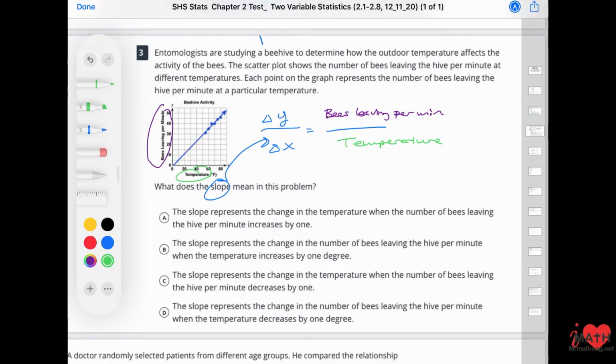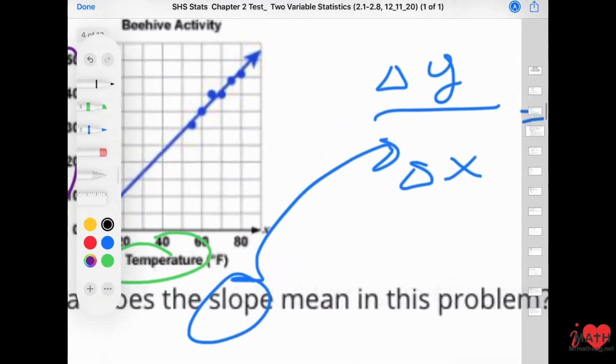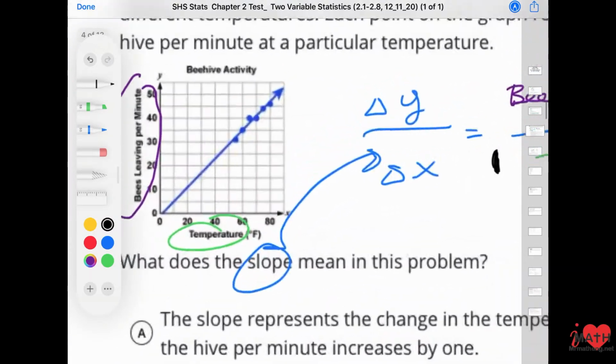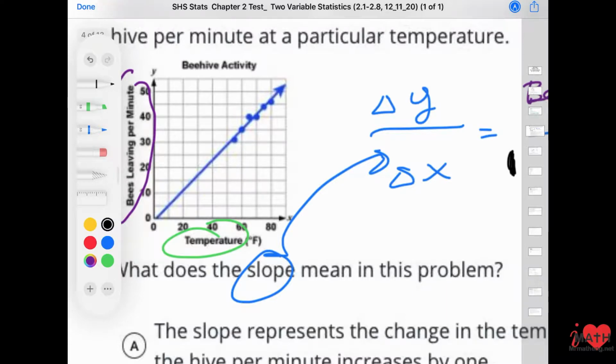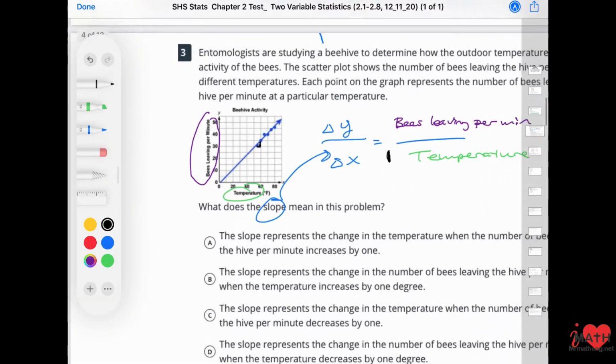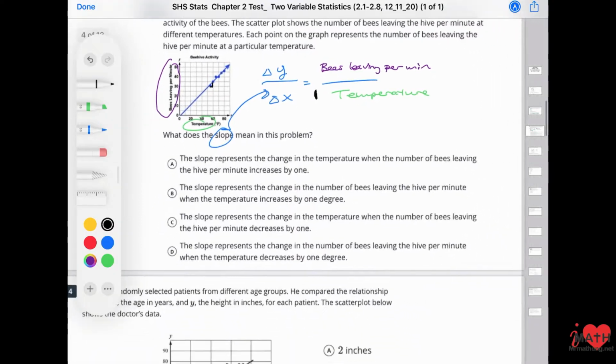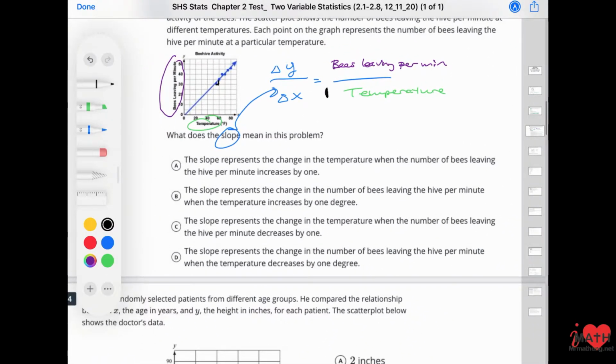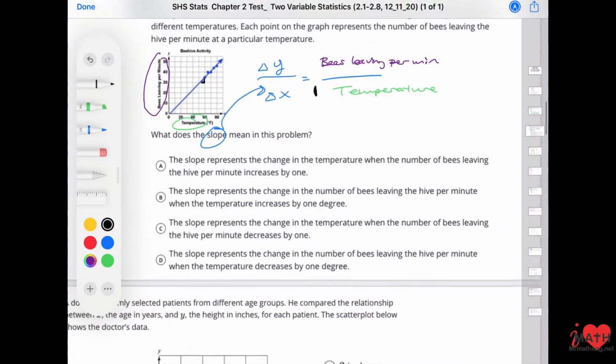It's easiest when working with slope to think: for every increase of one in temperature, the change in x, how much are you increasing? That might be a little bit difficult to get a number from in this case, but let's just go through each of these scenarios for question number 3.